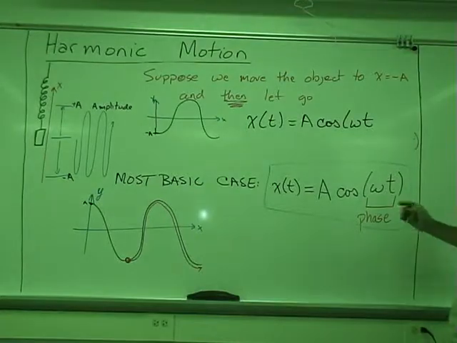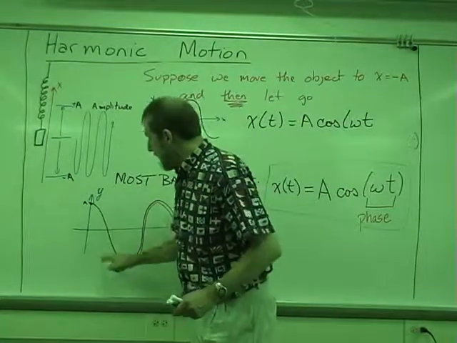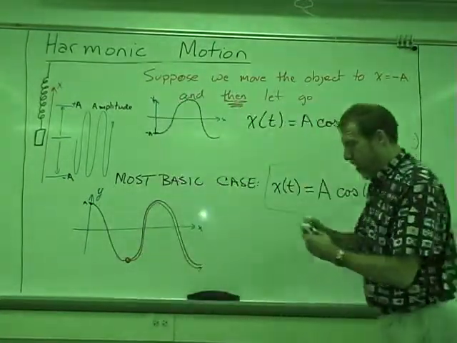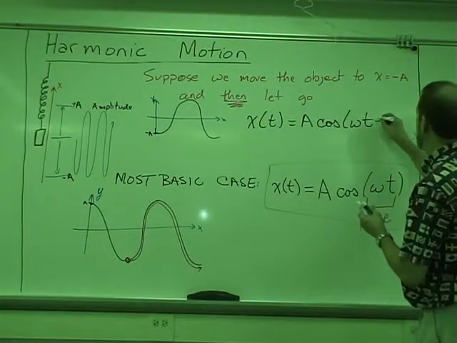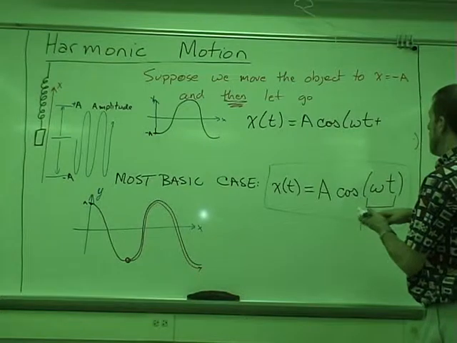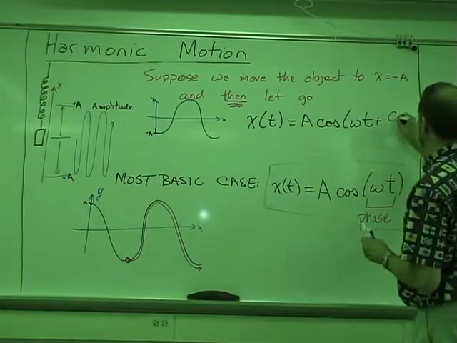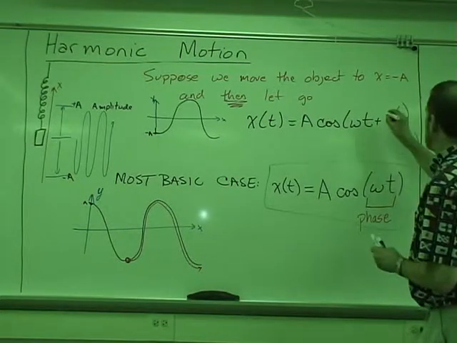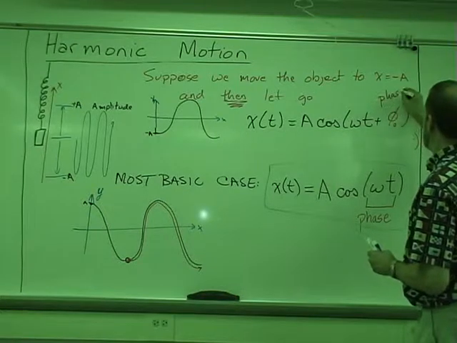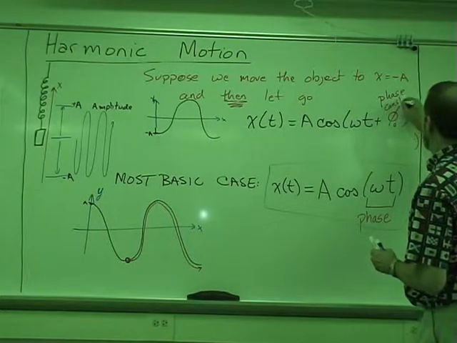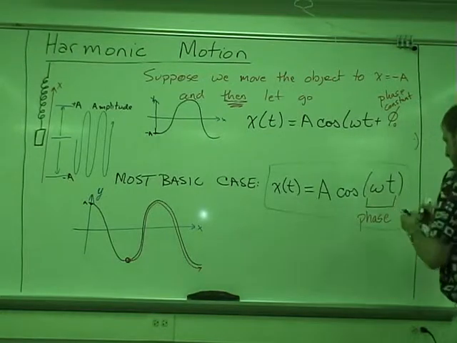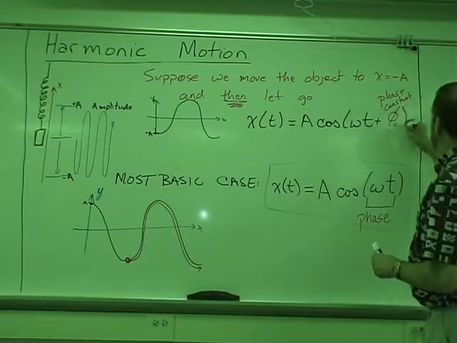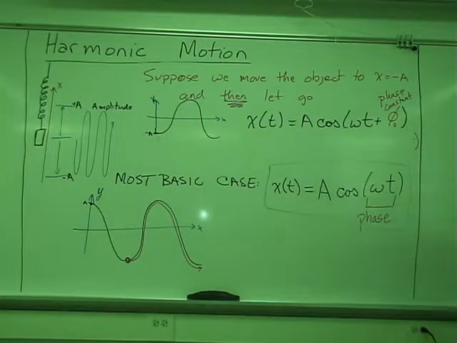And I can. But I need to account for the fact that I'm not starting off at the right point. So I need to account for that by using some phase constant.